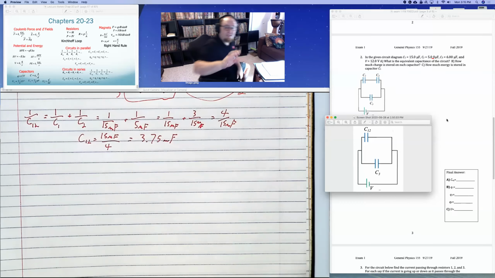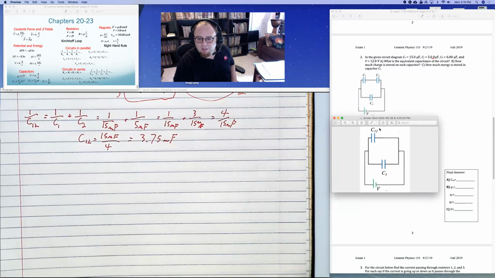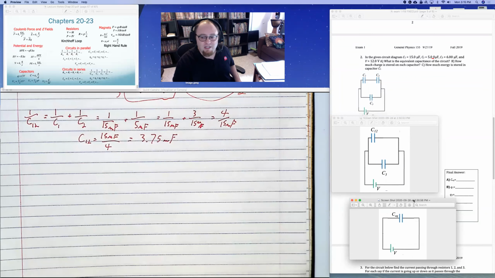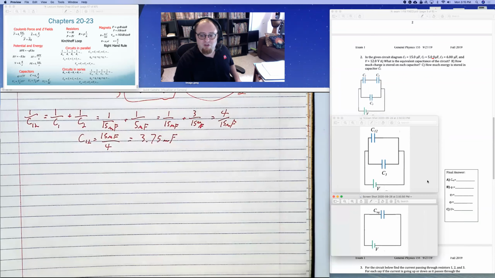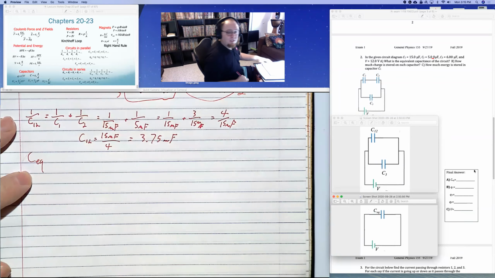And that's saying if I take this guy, that's what happens when I put together C1 and C2. But that's just those two put together. What I'm left with is two capacitors in parallel. That C12 and C3 are in parallel to each other. And so I can take those two and put them together also. If these two are in parallel, I can have a C equivalent where I just add up these two capacitors.